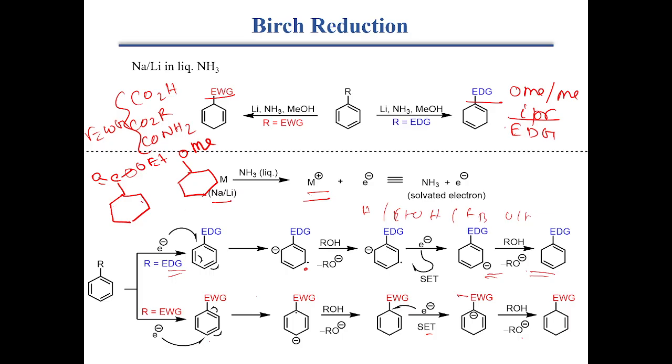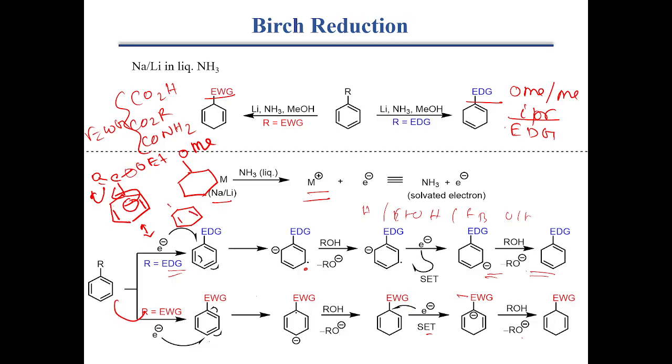If I consider this intermediate for para attack of the electron withdrawing group, this is forming the negative charge for the para attack. Now this negative charge undergoes resonance with this ester group and is stabilized.